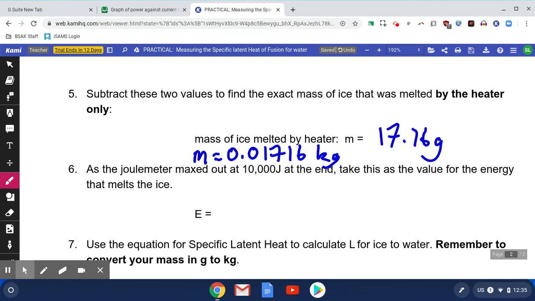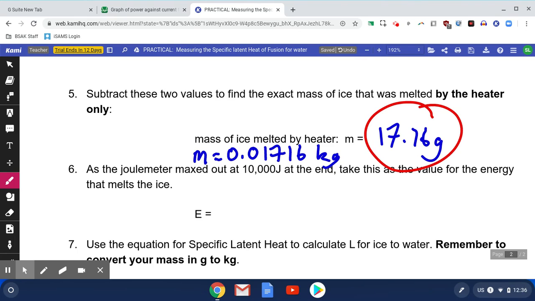Right, how much energy went into melting this much ice? Okay, how much energy exactly? Well, if you read the notes I gave, it actually maxes out.